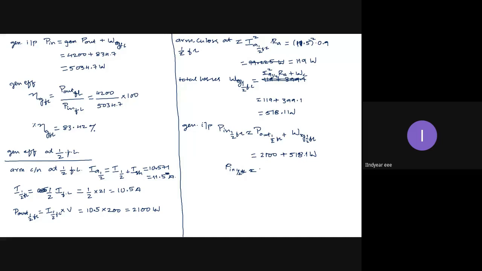So the efficiency of the generator at half the full load is equal to P out half divided by P in half into 100. This implies 2100 divided by 2618.1.